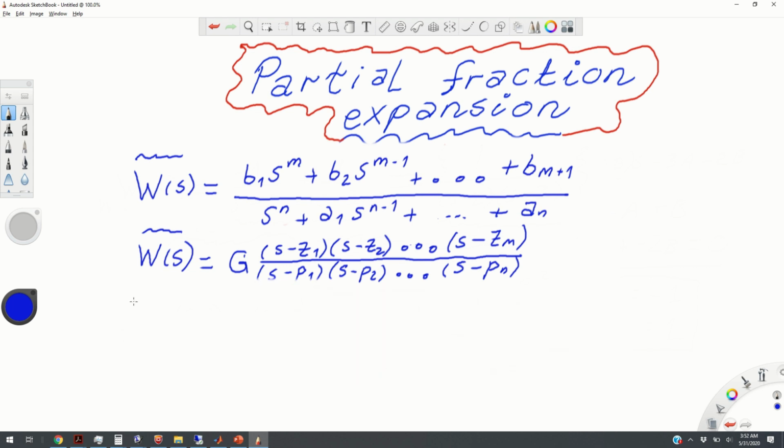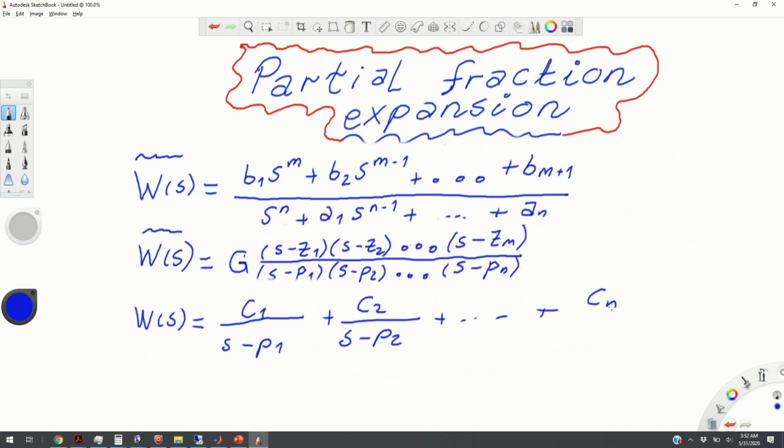So the main goal of partial fraction expansion is to represent the function W(s) as a sum of fractions, that is, as a sum of c1 over s minus p1, plus c2 over s minus p2, until the nth fraction cn over s minus pn. We have to mention that this expression is valid only if the poles are distinct.